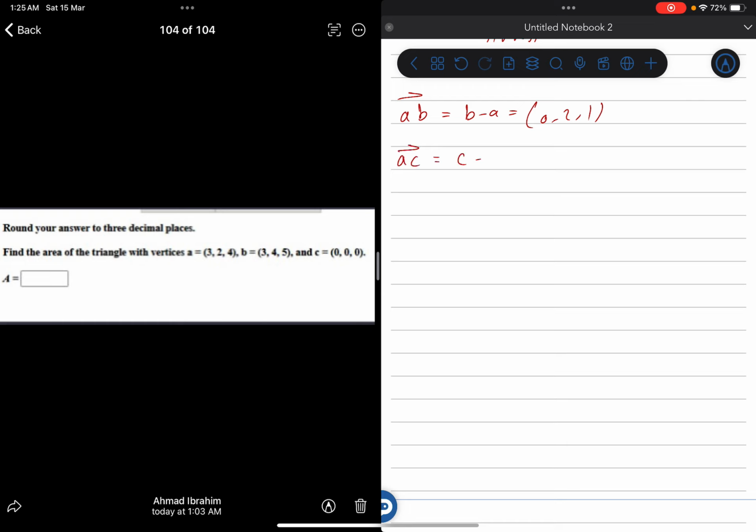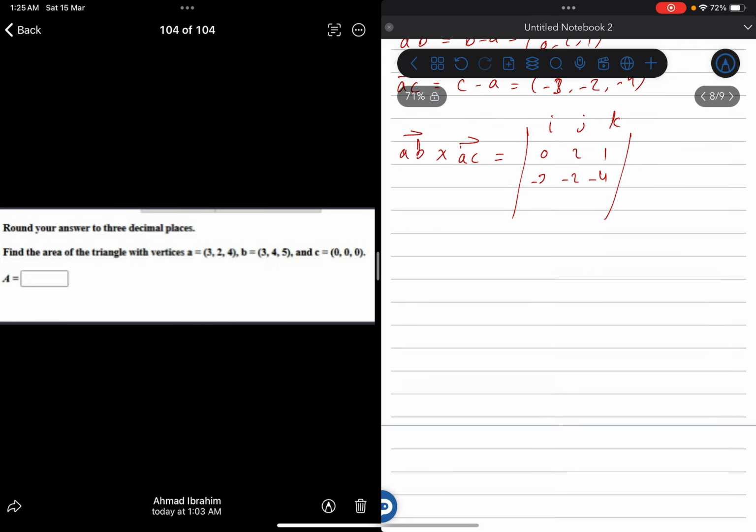And this will be C minus A, which is negative 3, negative 2, negative 4. After that you have to find AB cross AC. It will be 0 2 1, and negative 3, negative 4, negative 3, negative 2, negative 4.